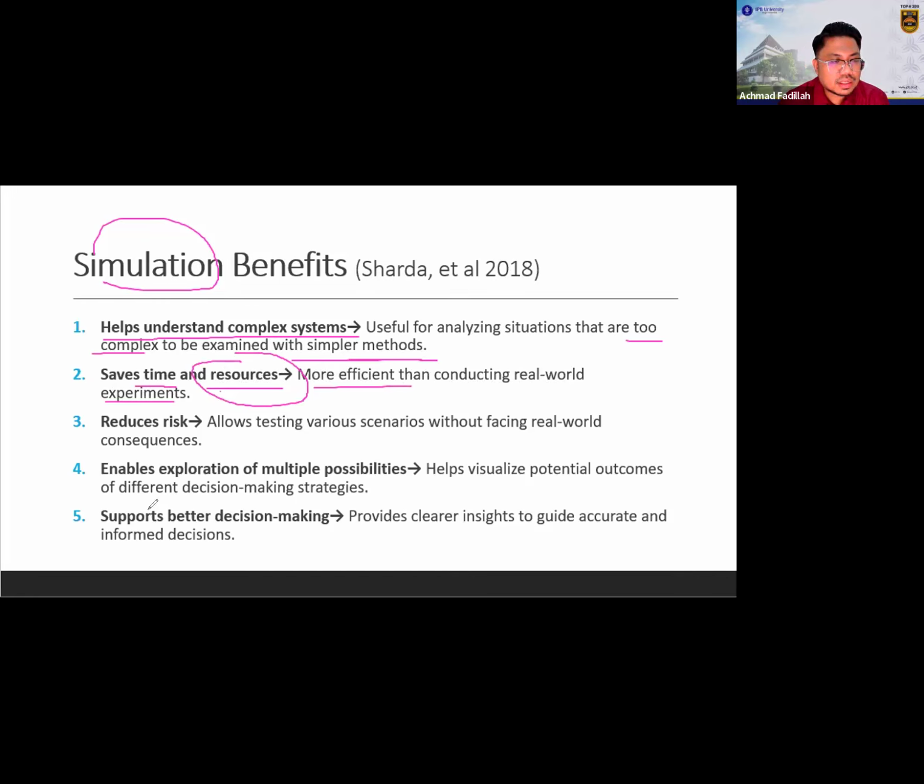And the third is reducing the risk. With simulation, because we simulate a not-real-world situation, we can try many scenarios, various scenarios, and test them without facing the real world consequences.